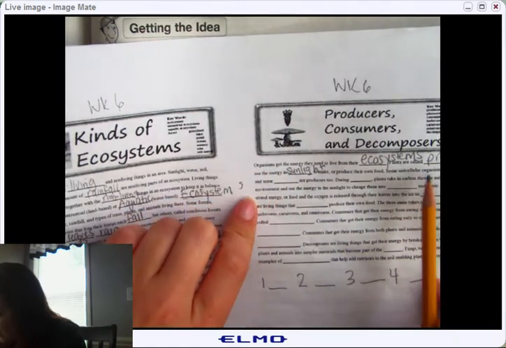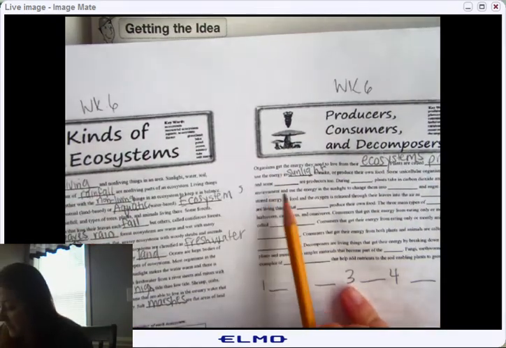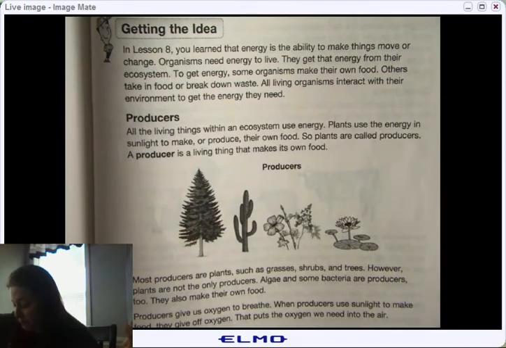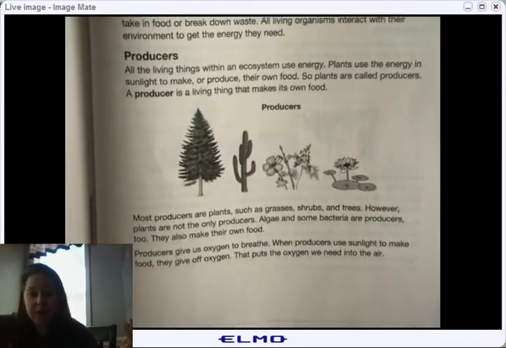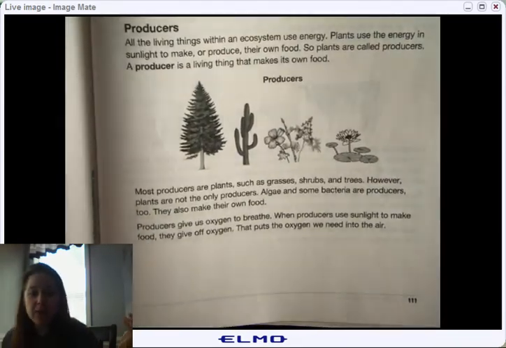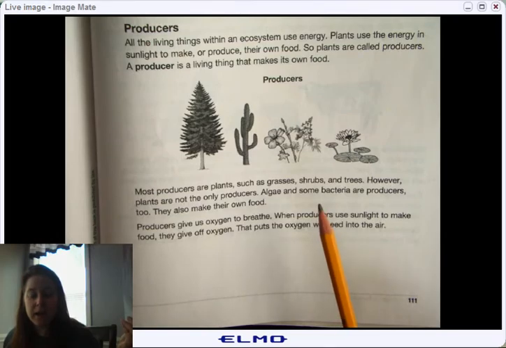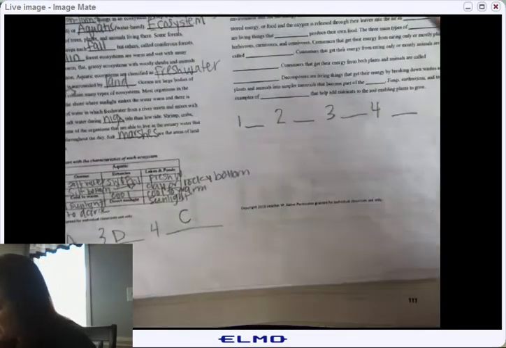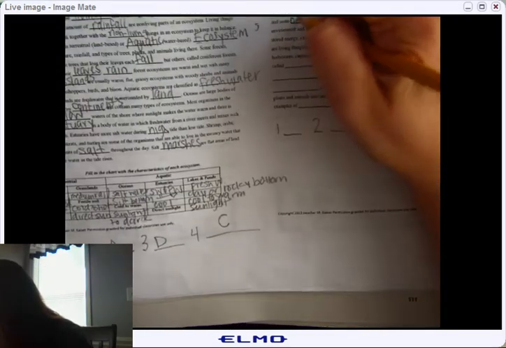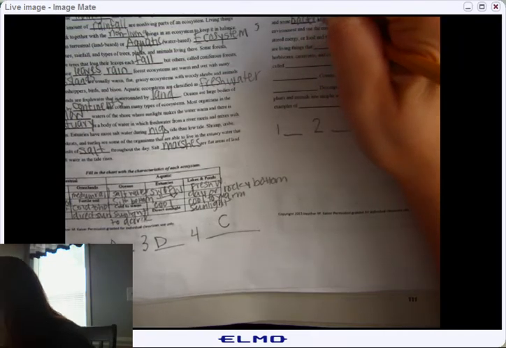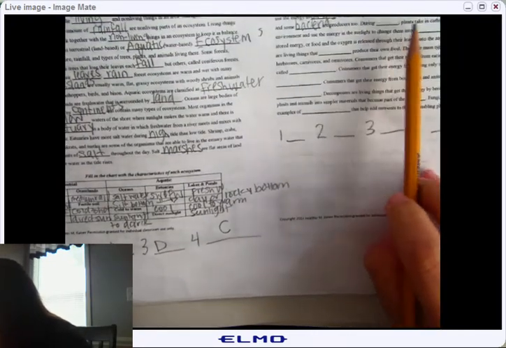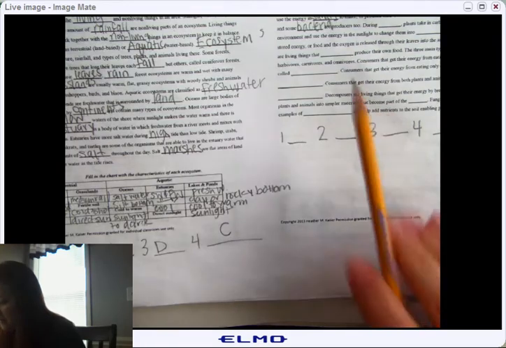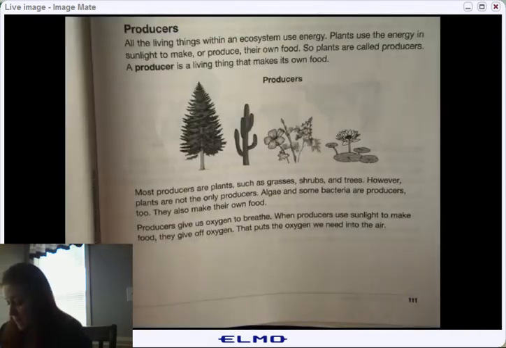Some unicellular organisms, such as algae and some blank, are producers too. What else? Algae and, look for the word algae right down here. Algae and what? Bacteria are producers too. During blank, plants take in carbon dioxide and water from the environment. We did not get to that part.